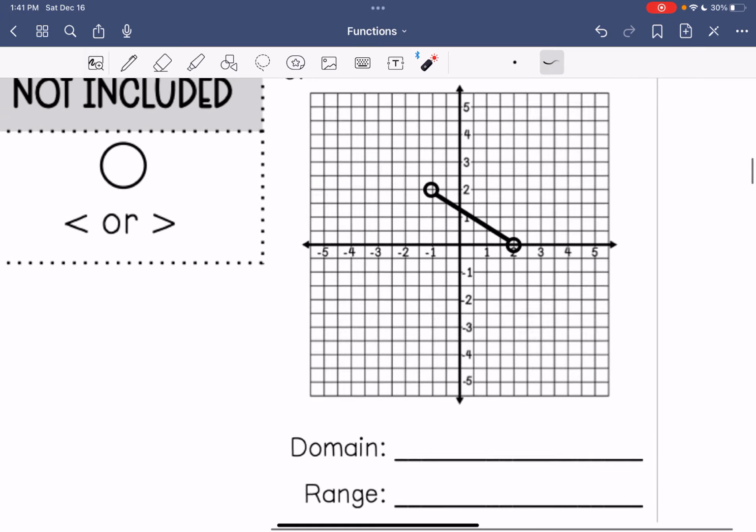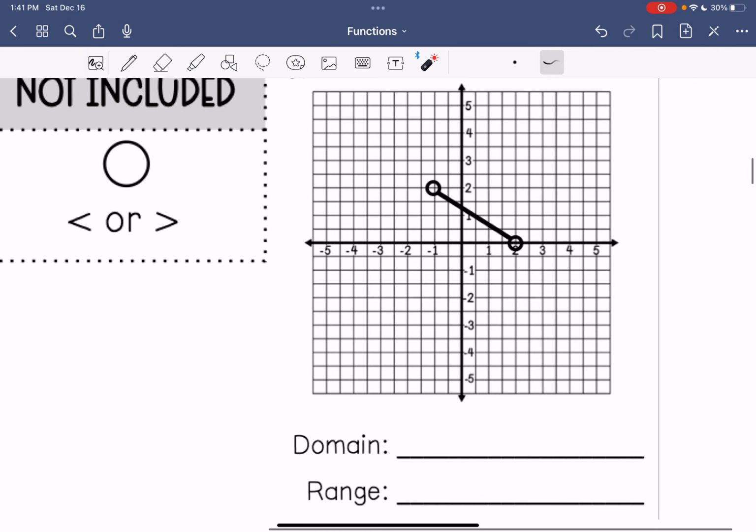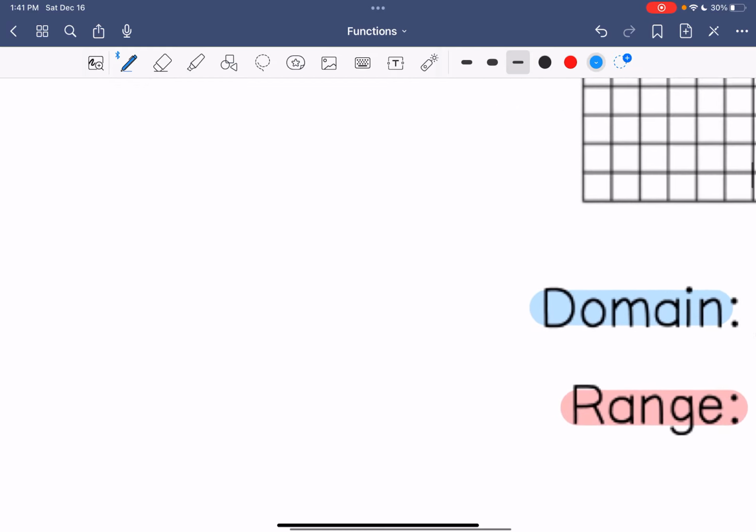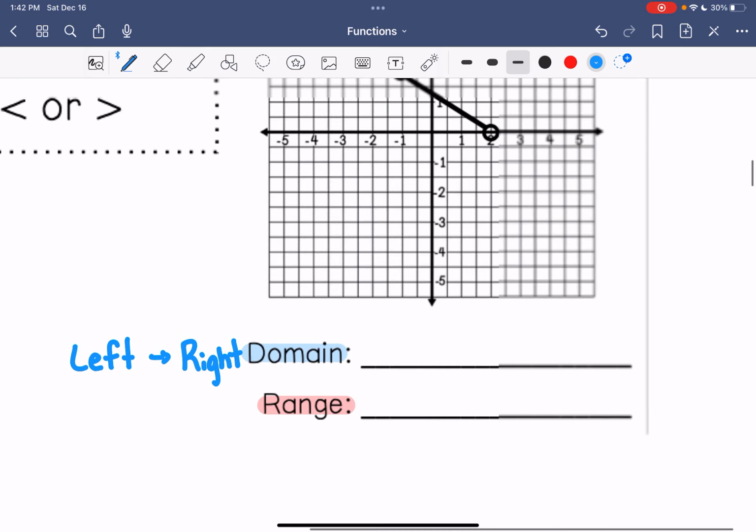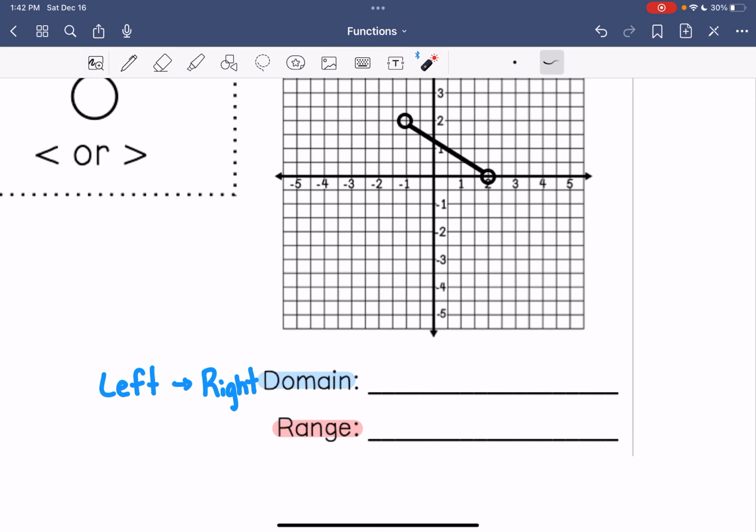Okay, so let's take a look at this graph. And we're going to be identifying the domain and the range. So, like we said earlier, domain is all of our x values that our graph is using. Range is all of the y values that our graph is using. We can think of domain and range for graphs as measuring our graph. For domain, we will be measuring left to right. Same way that our x-axis goes for domain.